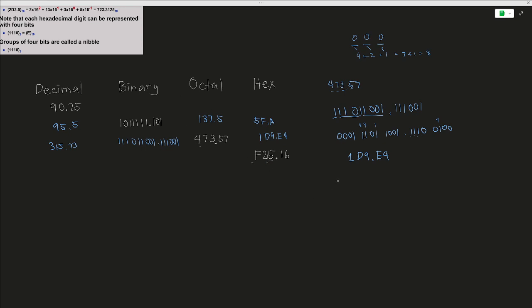This time, si F natin na 15, you'll multiply that by 16 naman squared. Okay? Plus 2 times 16 plus 5 plus 1 times 16 raised to negative 1 plus 6 times 16 raised to negative 2. Okay, so kayo na mag-solve nan. Kayo na yung mag-convert ng iba.